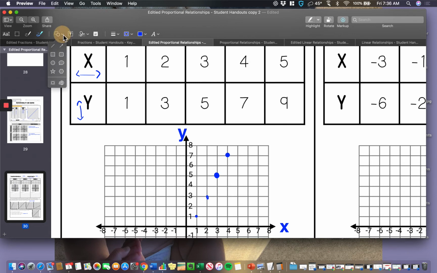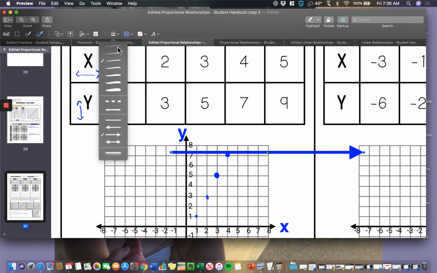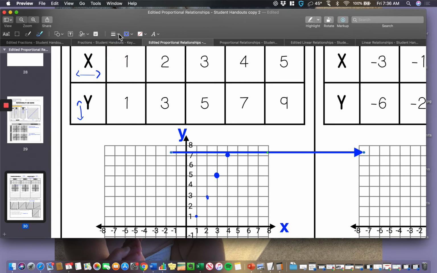Let's find out if it actually is or not. So it needs to pass through this point right here.